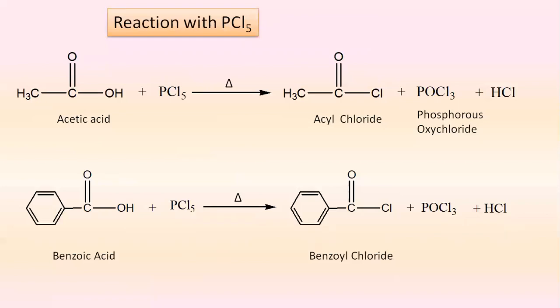The hydrogen from acetic acid goes with HCl, and the O from the hydroxy group forms POCl3, which means the OH group is replaced by Cl. PCl5 is used to replace the OH group. A similar reaction occurs for benzoic acid with phosphorus pentachloride, forming benzoyl chloride.